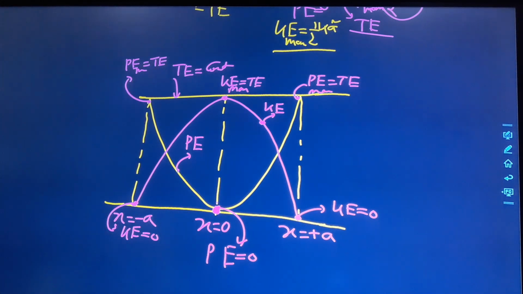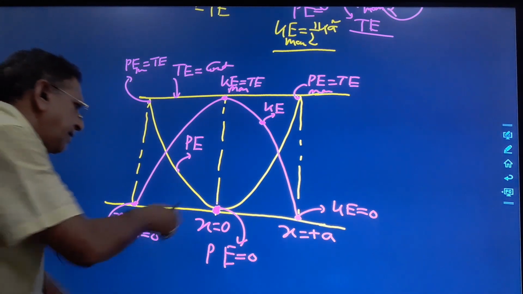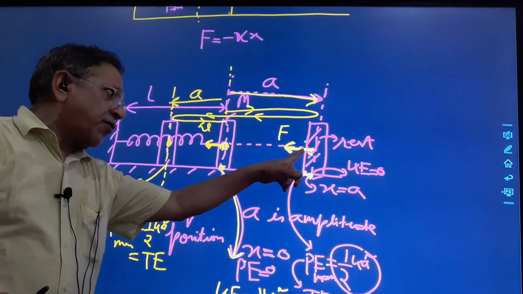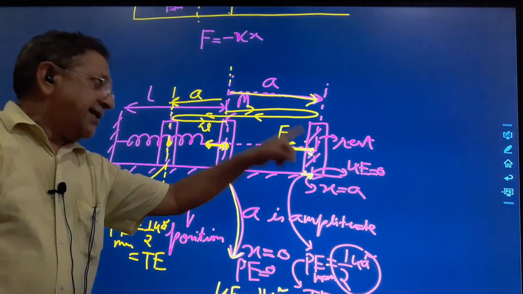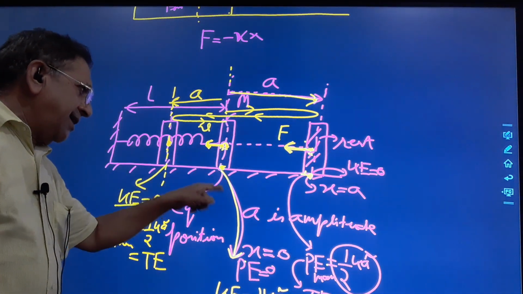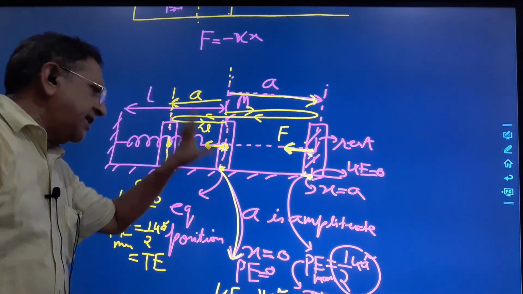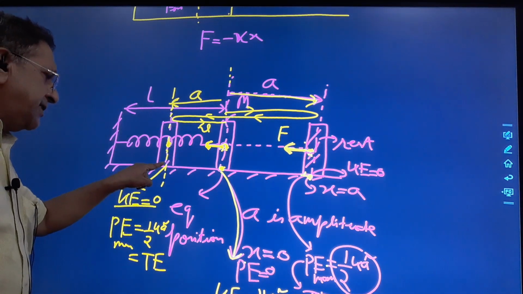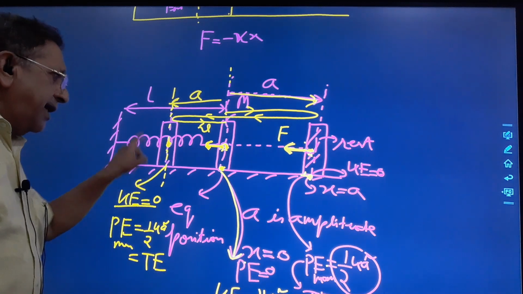This is the curve. As we release the block from the amplitude position, when it moves to 0, kinetic energy is maximum and potential energy is 0. At the amplitude position, potential energy is maximum and kinetic energy is 0.